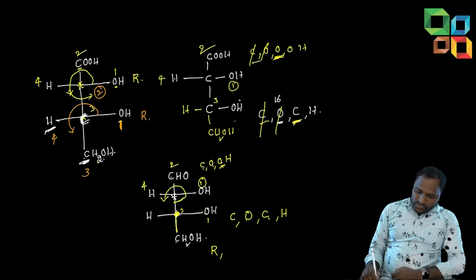Next, O is there. Same thing. Here carbon is there, here carbon is there. Here O is there, here O is there. But here the rest are all hydrogens only, and here carbon is there. So second priority will go to this one.